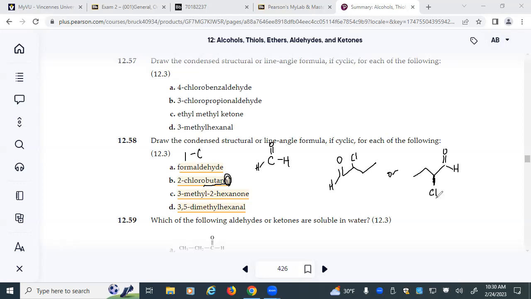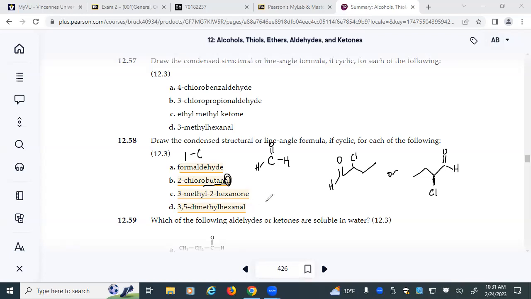The really nice thing about drawing it yourself is that if you understand the structure in terms of how many carbons are supposed to be in it, you get to set your own rules as far as how it's going to be numbered. Do I want to number it left to right? Do I want to number it right to left? And then it just becomes a matter of counting. Okay, this is 2-chloro, so that chlorine has to be on the 2nd carbon, wherever that 2nd carbon is, based on the rules I made.